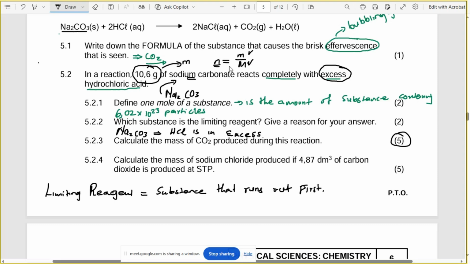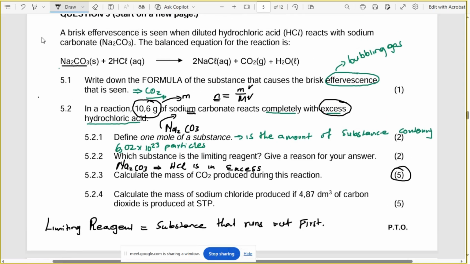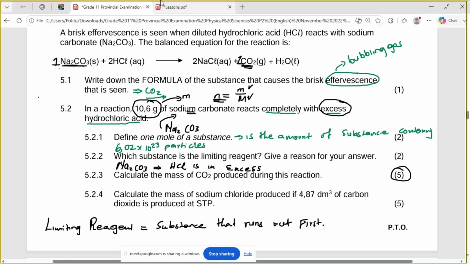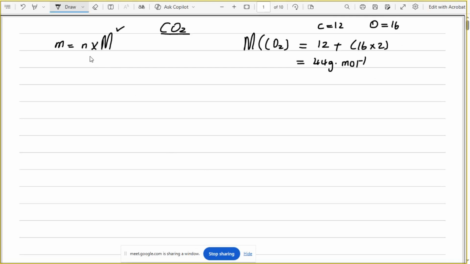Once we have the number of moles for sodium carbonate, we use the mole ratio. This is just 1 and this is also 1, so the mole ratio is 1:1. Whatever answer you get, the number of moles for sodium carbonate is the same as the number of moles for carbon dioxide. When we have that number of moles, we'll come back and substitute it here. Are you happy with that?